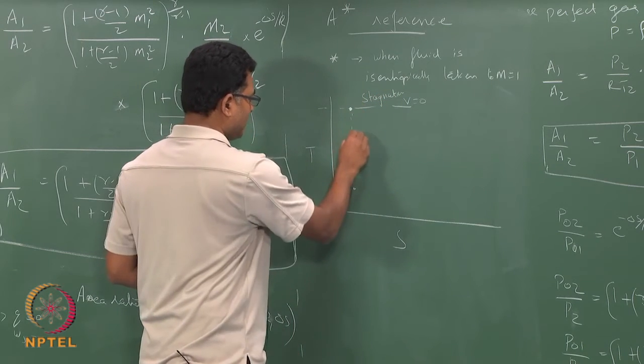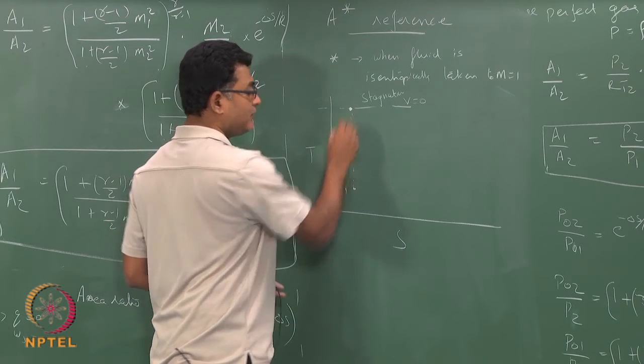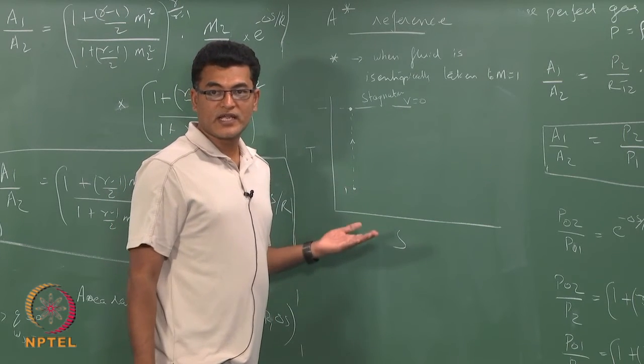So, if I take the point isentropically to V equals 0, then I get my stagnation point.